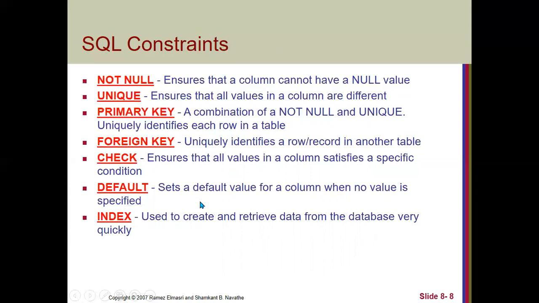The index is very important. If you specify a constraint to be indexed, this means the database management system will build an R-tree, B-tree or B+ tree index on this attribute. This means a lot of people will search for this attribute, which is the price, for example.